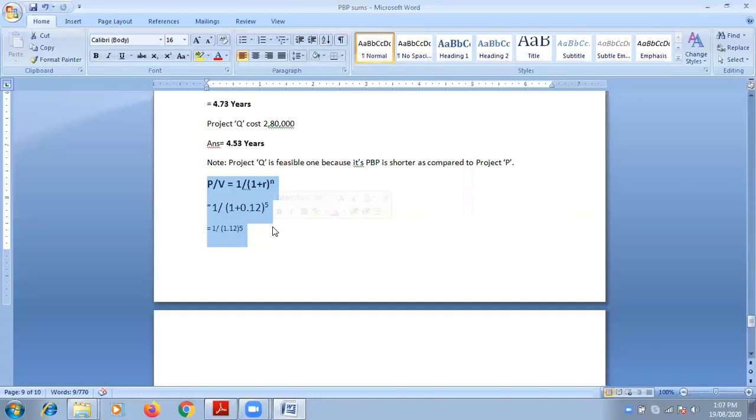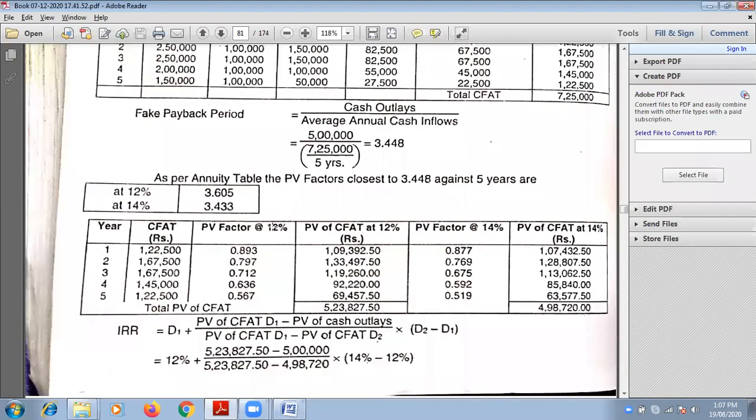So 1 upon 1.12 raised to 5. Therefore, you will get all the figures of 5 years like 0.89, 0.80, 0.71 and so on. Multiplying PV factor with CI, you will get DCI.